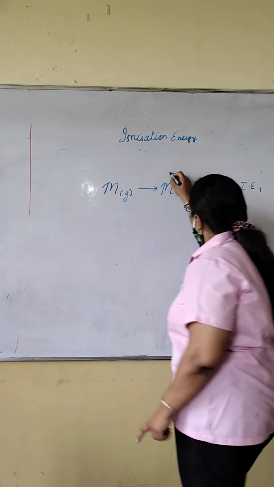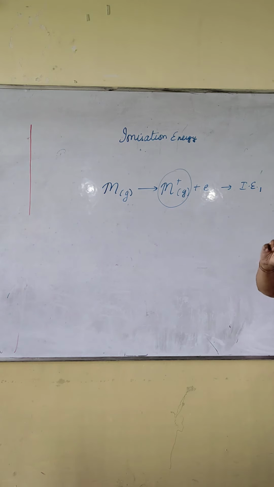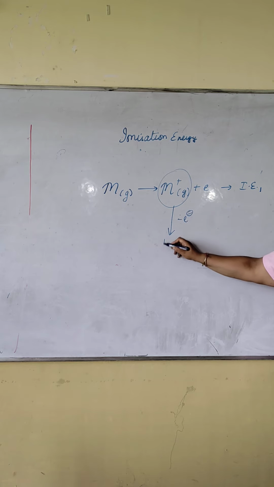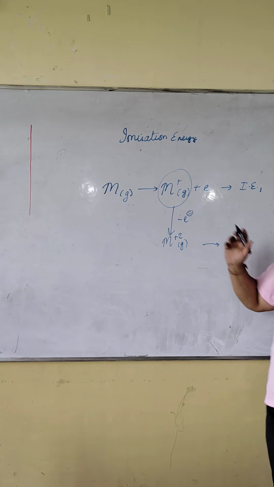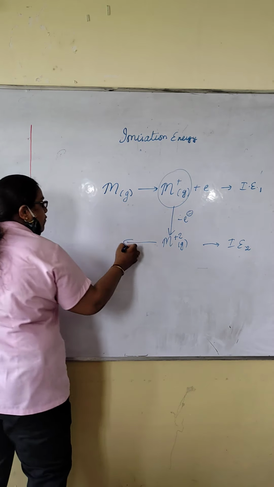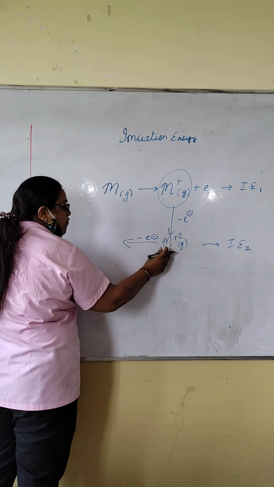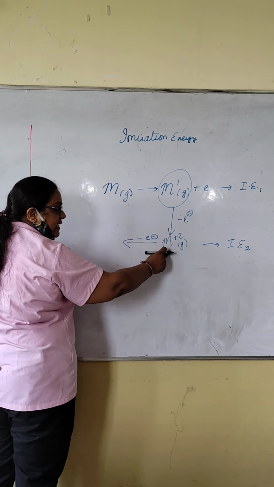Now, if from this cation I am again removing one electron and it is forming M plus 2, because now 2 electrons are removed. So that will be your IE2. Okay. Now again I am removing one electron from this divalent cation.